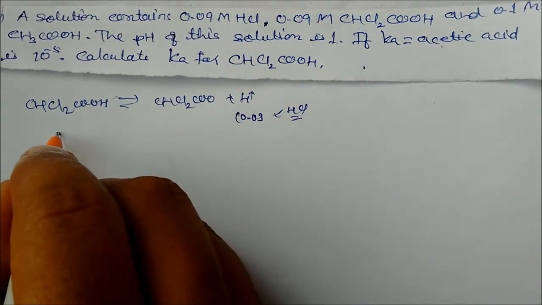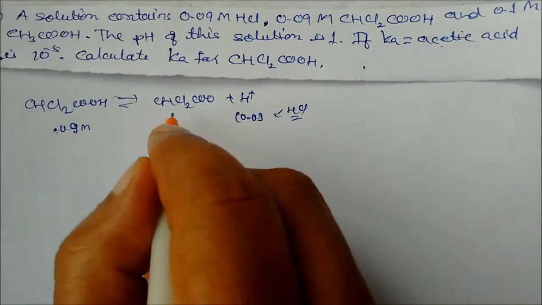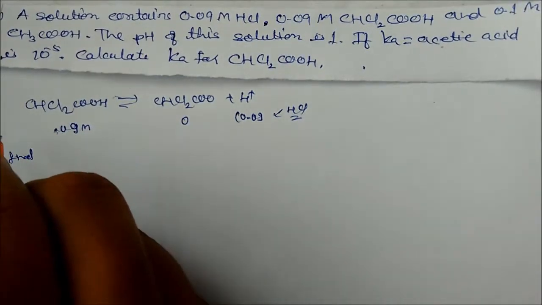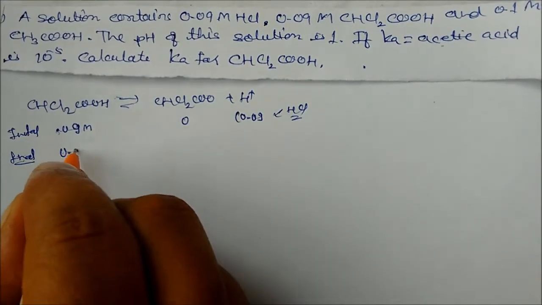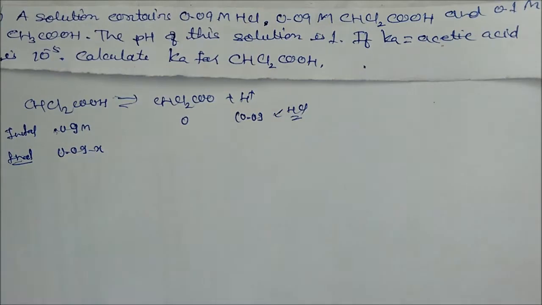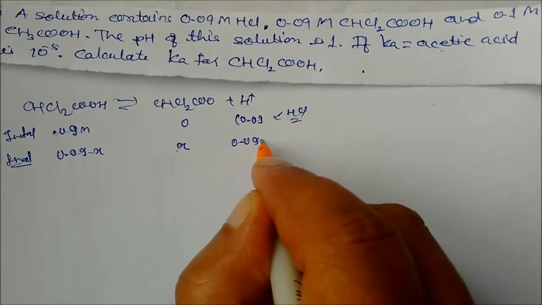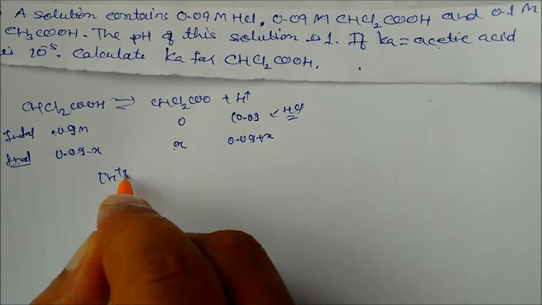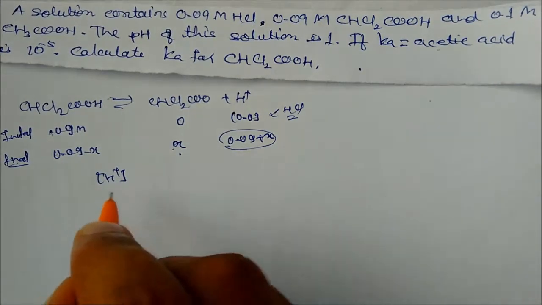So now this is given again here, 0.09 molarity, and this is 0 initial concentration, and the final concentration will be 0.09 minus X, X, and this is 0.09 plus X. So again H plus will be how much? H plus is given here this much, this is given this much, so we can directly put the value.